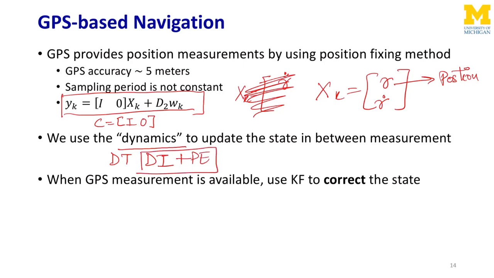That's our dynamics. We're going to use those two equations to update the state in between the GPS measurements. And when the GPS measurements are available, we'll use the Kalman filter to do the assimilation step, which corrects the state. And we'll see how it corrects the state in a simple example.